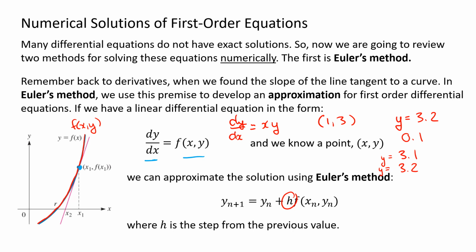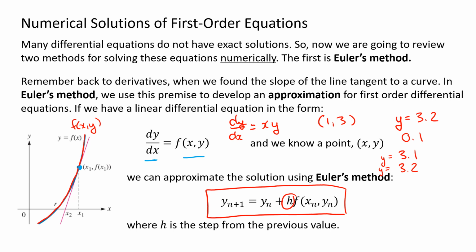This is very similar to what you saw when we talked about doing slopes for points that were tangent to a curve. To solve this, we have our step value, which we call h, and our function: y at the next point, n plus 1, is equal to y at the previous point plus that step value h multiplied by our function when we substitute in the current values of x and y that we know.